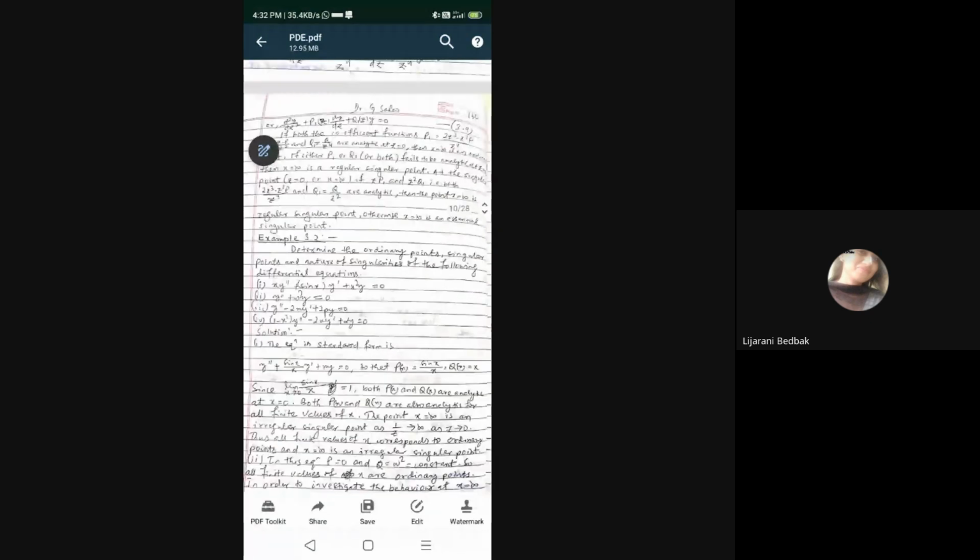At the singular point z equal to 0, or x equal to infinity, if z p1 and z square q1 are both analytic, then the point x equal to infinity is a regular singular point. Otherwise, x equal to infinity is an essential singular point. In an essential singular point, you can never convert it to an ordinary point by multiplying by any factor.